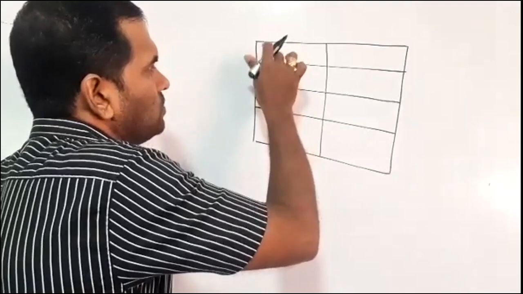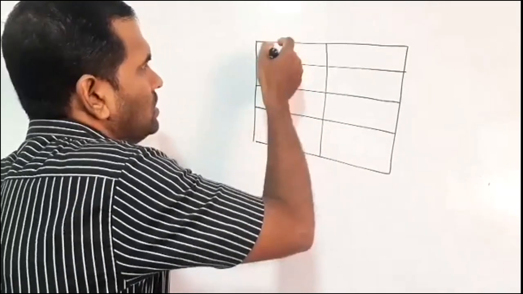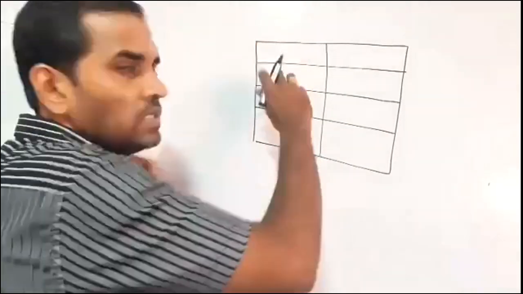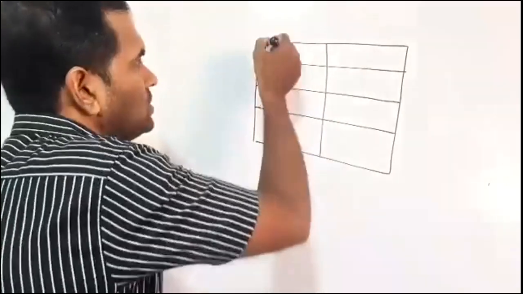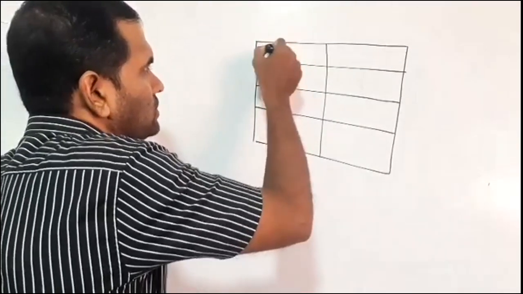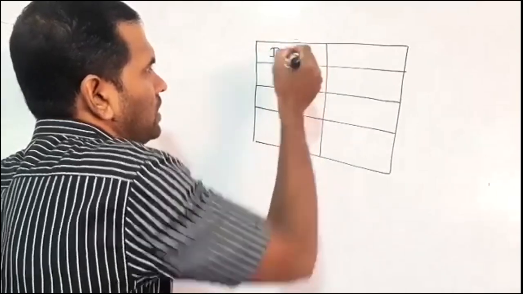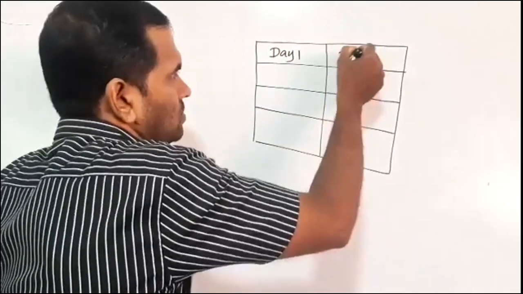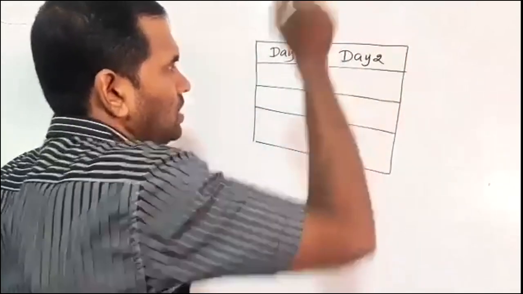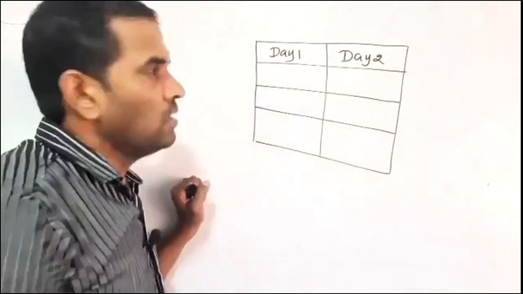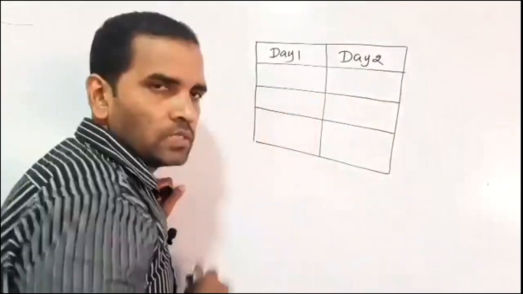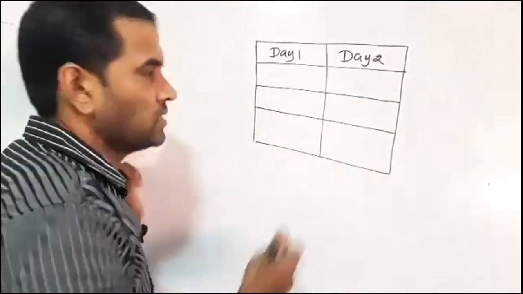Here I just want a heading, let's say it's a timetable or something. So it is day 1. This is a heading for the first column, day 1. This is day 2. Okay, day 1 and day 2. Under day 1, I have 3 subjects. It's a simple timetable.